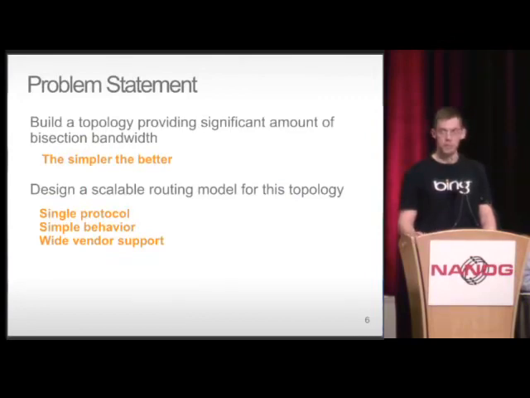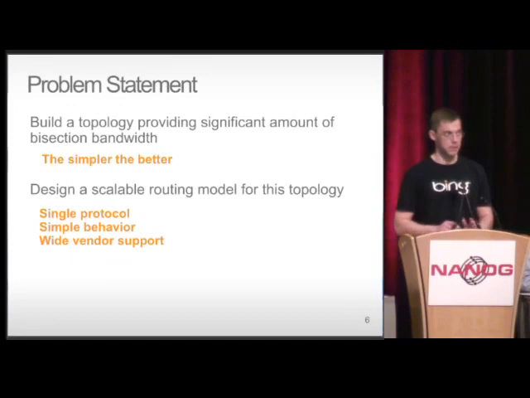So the challenge was twofold. First, to find a topology which is simple enough but provides enough capacity from server to server, at the same time allowing us to keep the design very simple and uniform. Secondly, we had to pick a routing protocol that allows us to use a single solution for the data center everywhere.